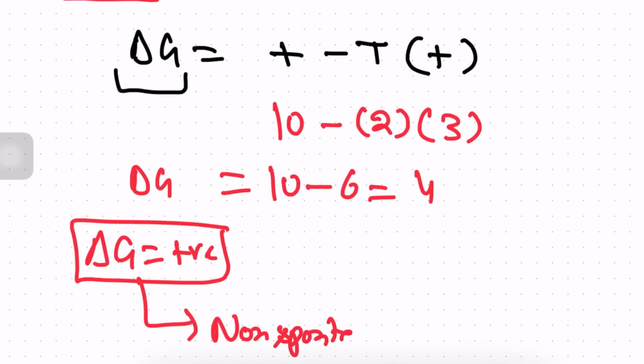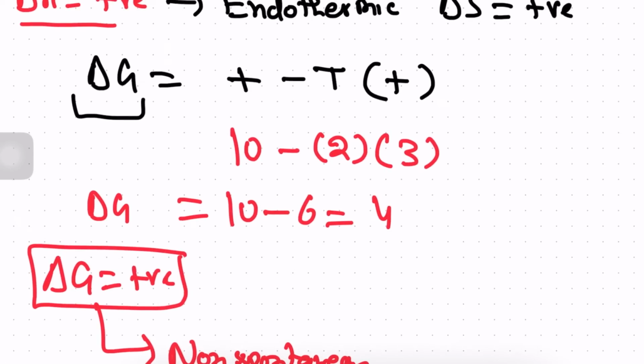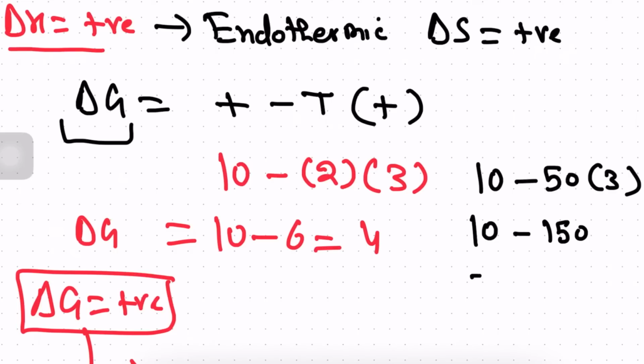Now you can have another situation. Let us increase the temperature. Earlier you had 2, let's say you now have 50. If you put in 10 minus 50 into 3, it comes out as 10 minus 150, which is minus 140.